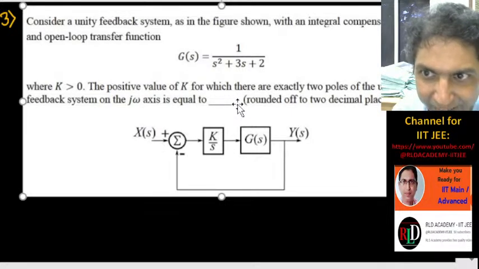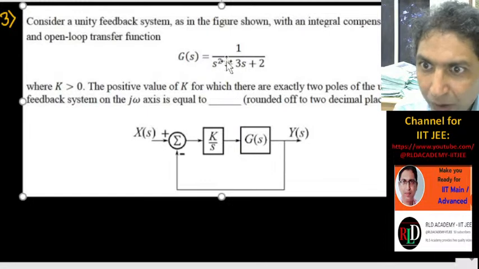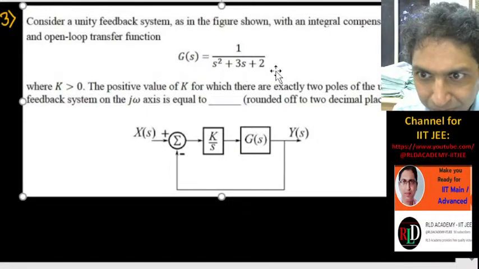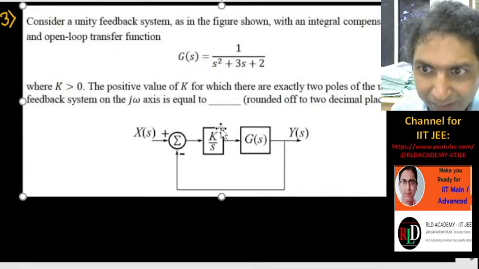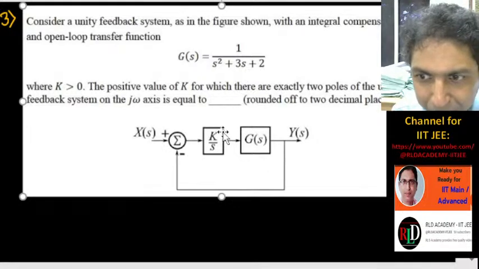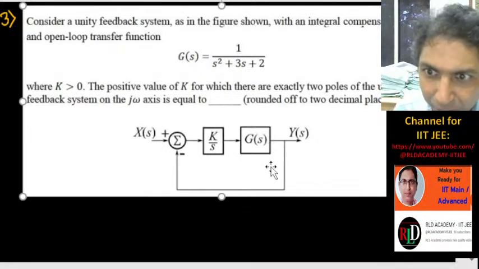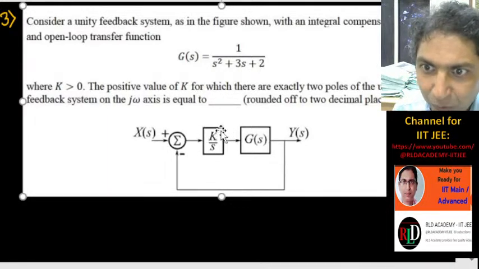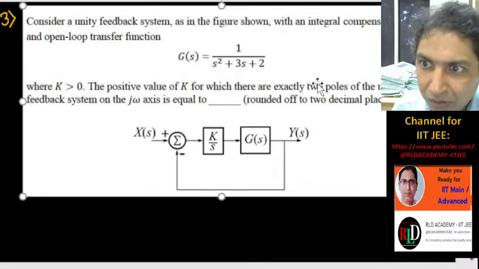Okay, again the same type of question. I have G(s) equal to 1 upon s square plus 3s plus 2, and it is multiplied by k upon s, an integrating controller. Then we need to find the k value for which the closed loop system has two poles on the j omega axis.